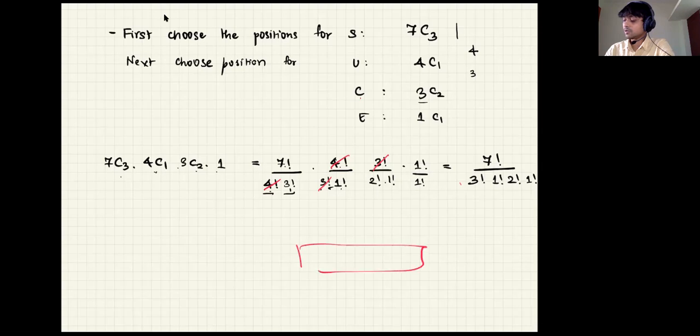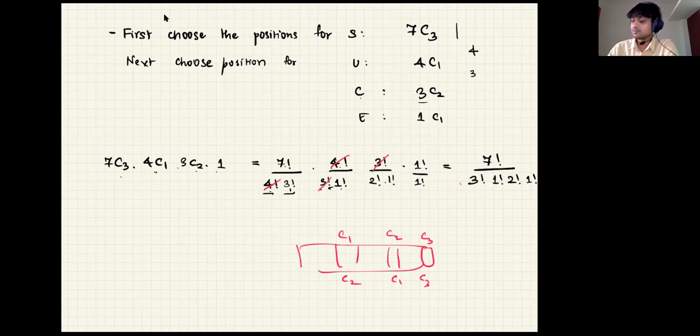The C occurring here, here, and here will be counted thrice. No, sorry, it will be counted 6 times, because if I number them as C1, C2, C3, C1, C3, C2, C2, C1, C3, all of them will be counted differently, whereas they are of the same type. So then you divide by 3 factorial.